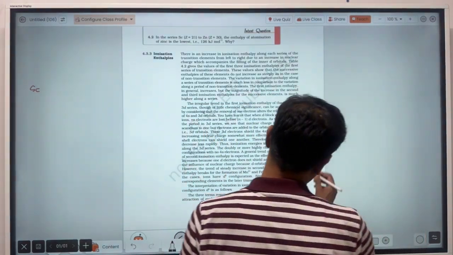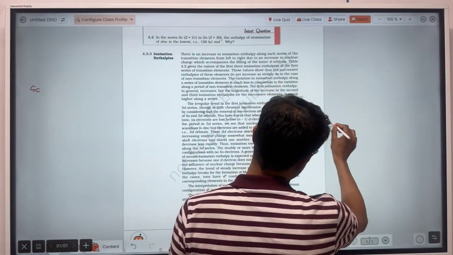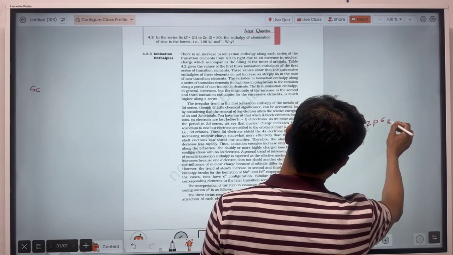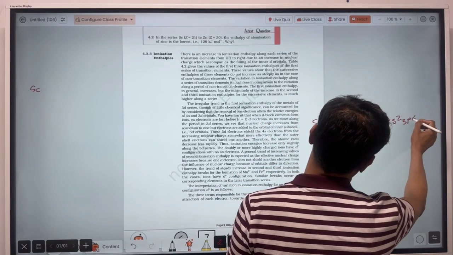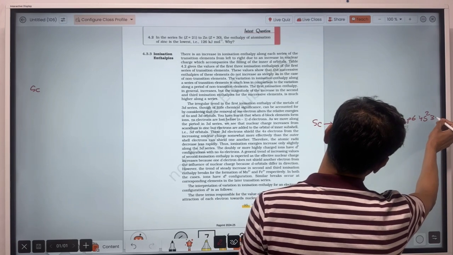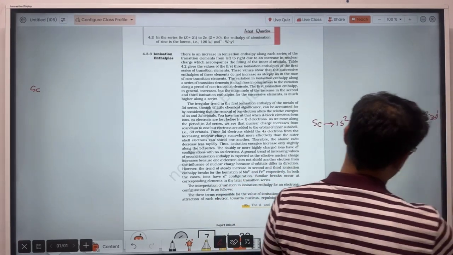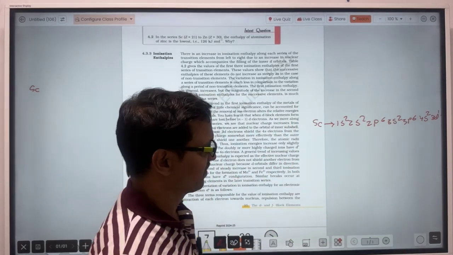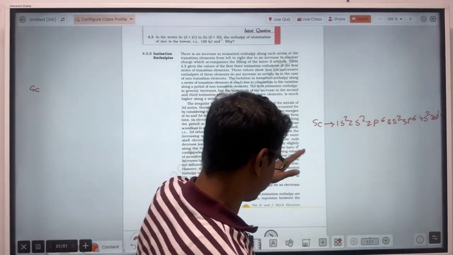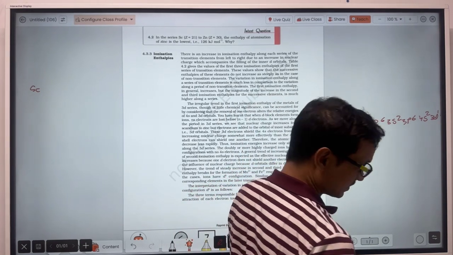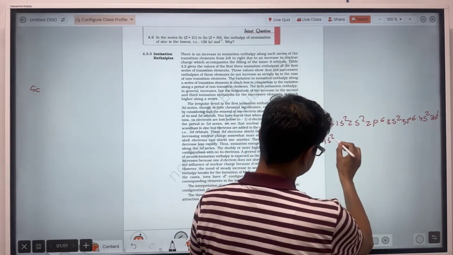So for scandium the energy levels are 1s2, 2s2, 2p6, 3s2, 3p6, 4s2, 3d1. Like that you have arranged the electrons, but then you will have to arrange the electrons shell-wise.